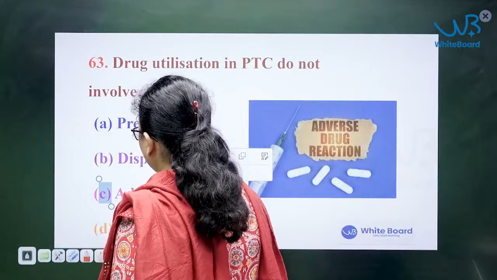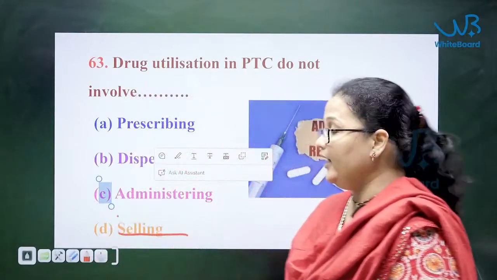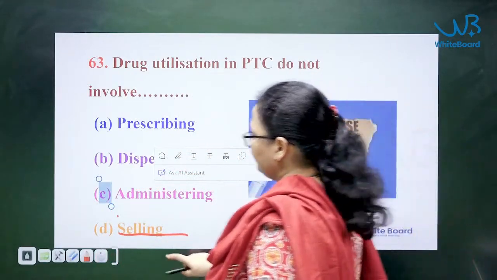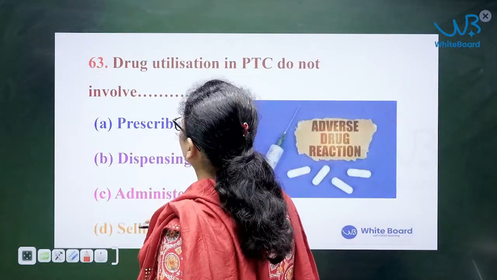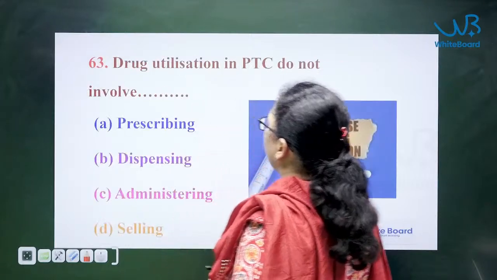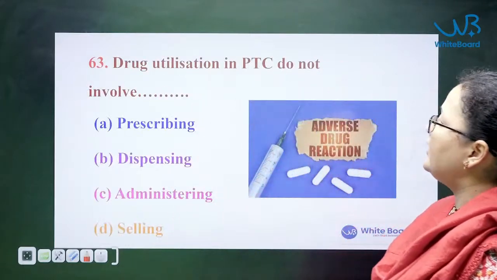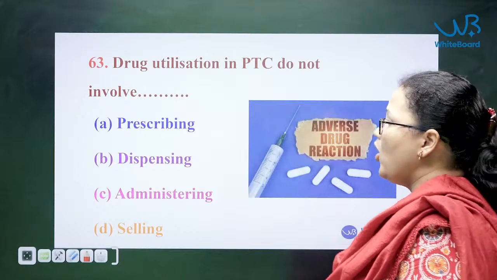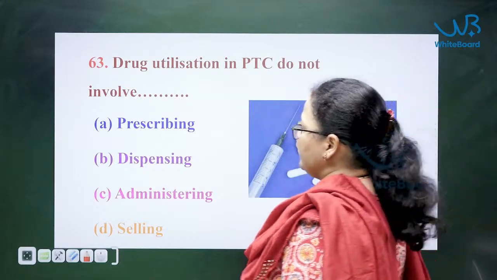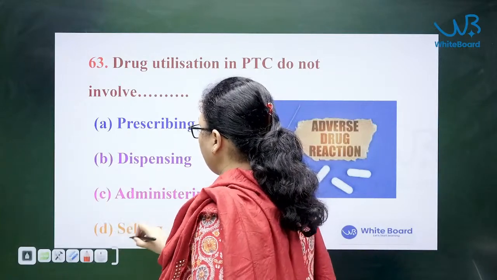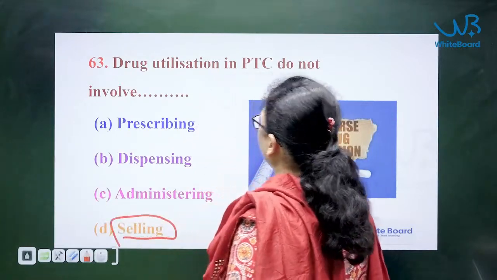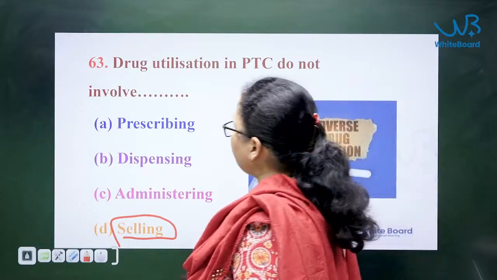So, the correct option is selling, option D. Coming to the 63rd question, drug utilization in PTC does not involve option A prescribing, option B dispensing, option C administering, option D selling. So, the correct answer is selling, which is not involved in this particular PTC.